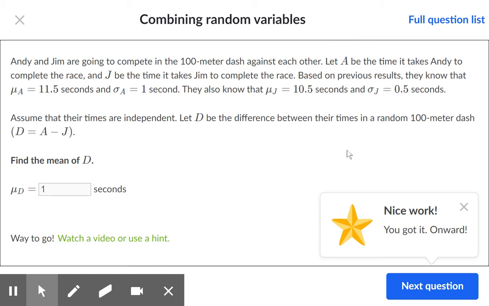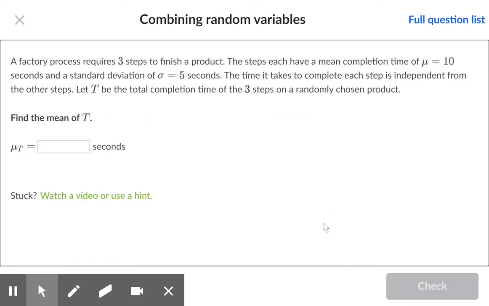Let's continue. This was to find the mean of the difference D. Next question, a new question. A factory process requires 3 steps to finish a product.